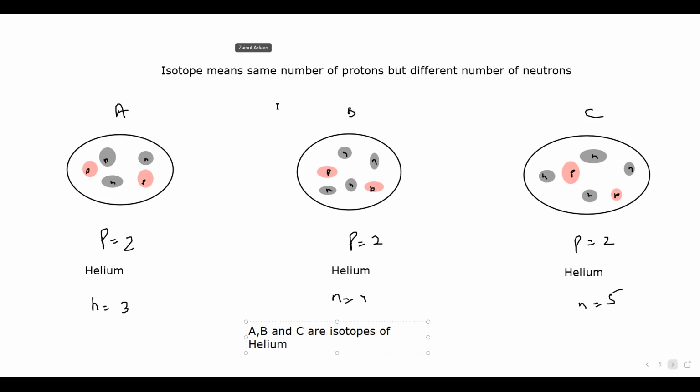Okay, I'm drawing a different structure and I want everyone to work out the isotopes from the structure. The pink shade is representing protons and the gray shade is representing the neutrons. And I will only draw the nucleus.